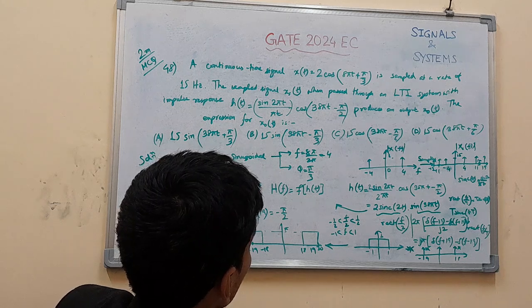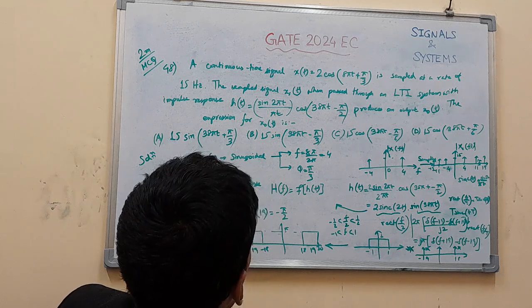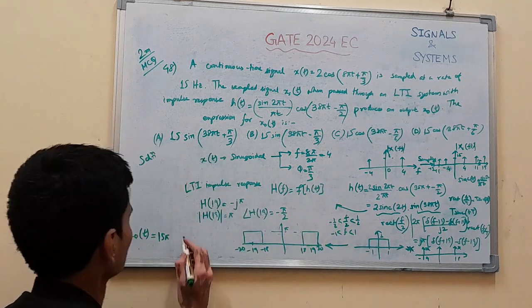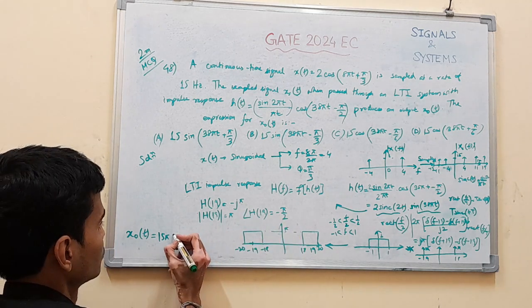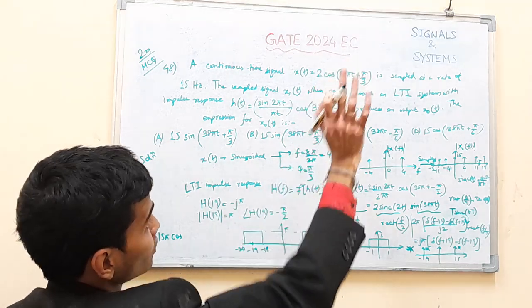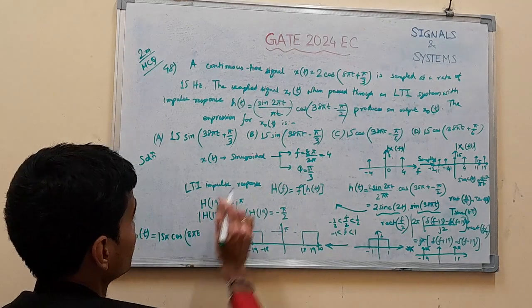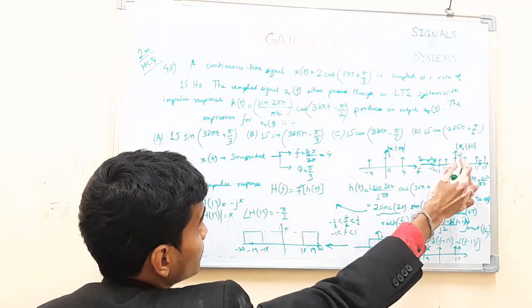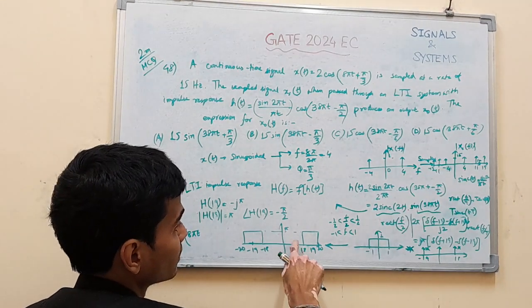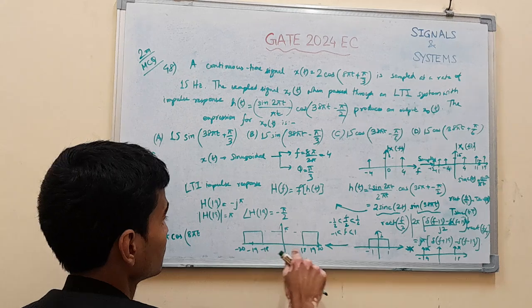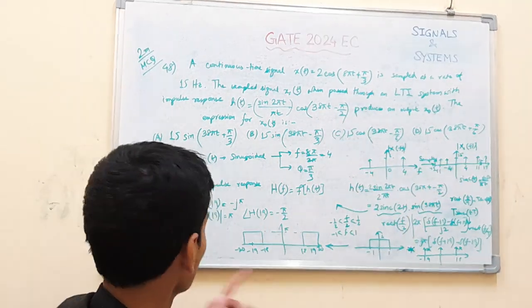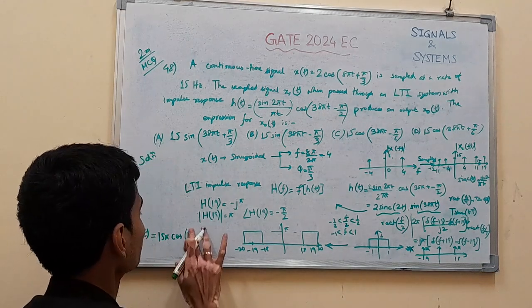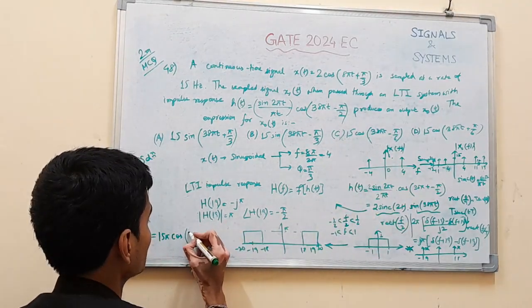Phase at 4 will basically be, I think, pi by 3 only. So pi by 3 minus pi by 2 will get added. Cos will remain cos, since in the sinusoidal steady state, the magnitude gets multiplied with the magnitude of the filter response at f equal to 19. So 15 times cos of this frequency, same as the frequency equal to 19 for the sampled version, and the frequency will be 19 into 2 pi, that is 38 pi.